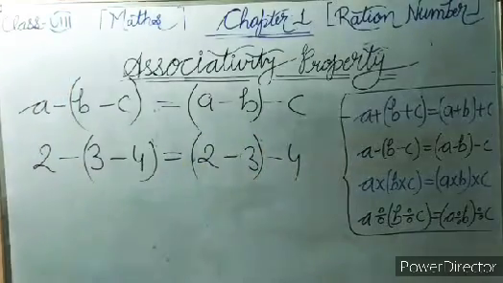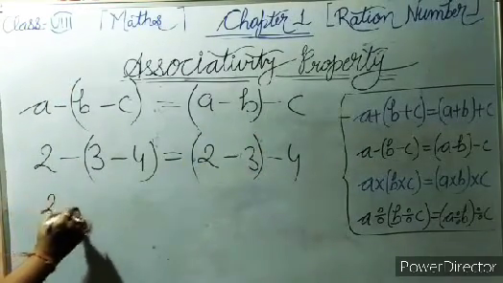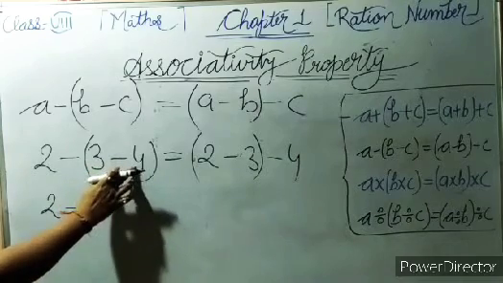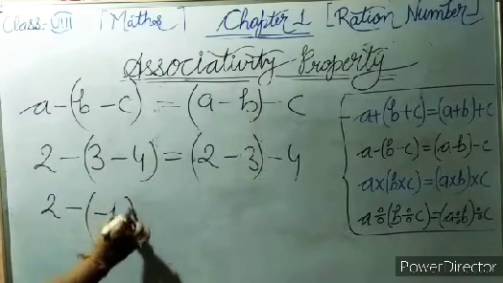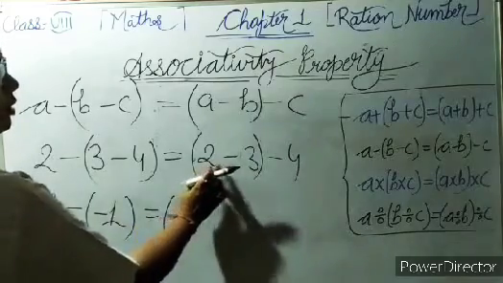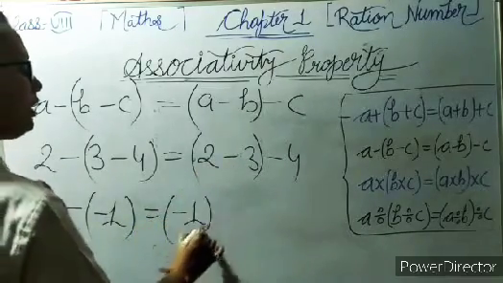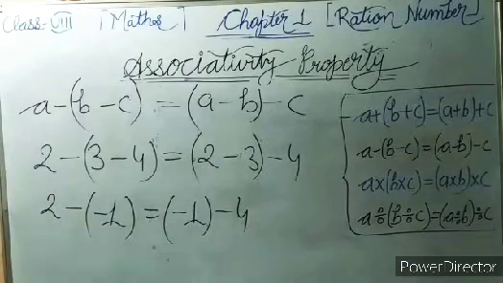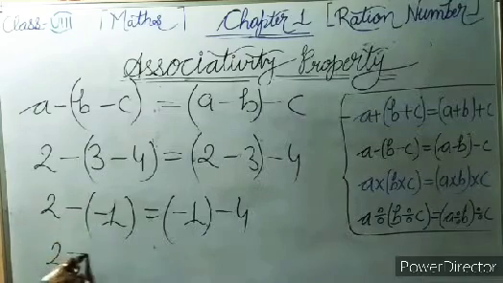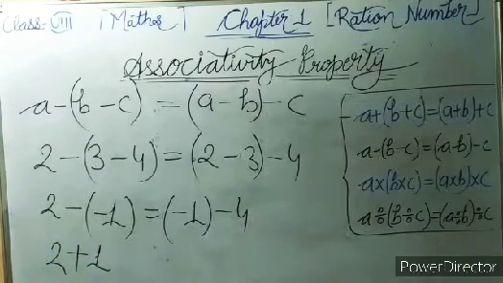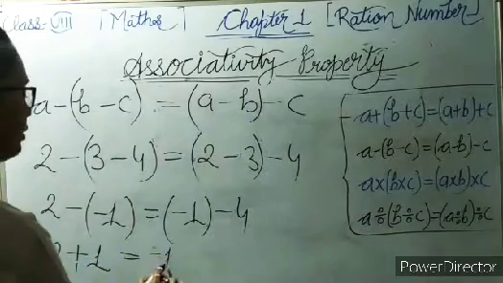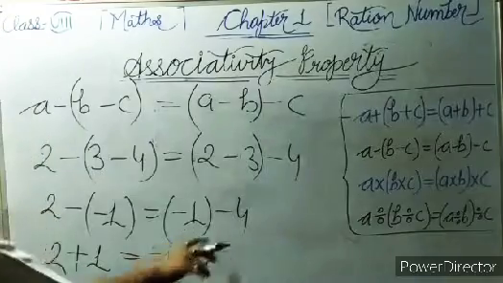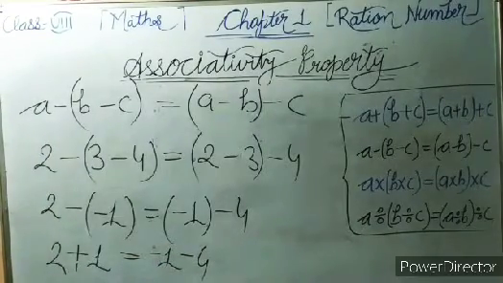Here 2 minus 3 minus 4: 2 minus 3 is minus 1, and minus 1 minus 4 is minus 5. Here 3 minus 4 is minus 1, and 2 minus minus 1 becomes plus 1, that is 3. So we get 3 and minus 5.